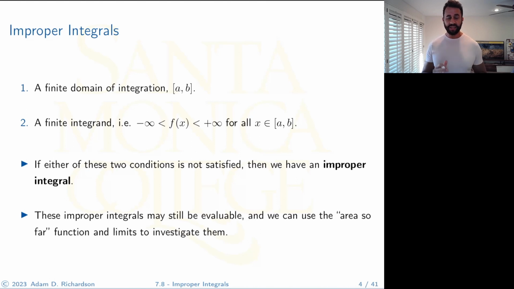So the thing is, though, that these improper integrals may still be evaluable, and we can think about how to find their value using the area so far function and limits to investigate them. So once again, limits play a critical role in everything that we do in calculus.